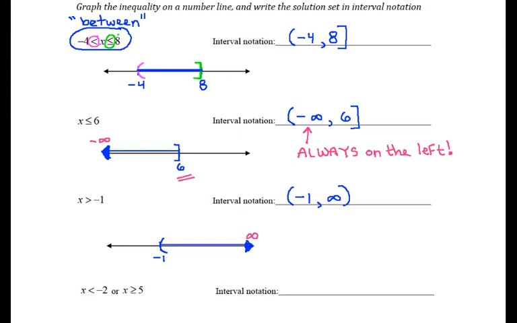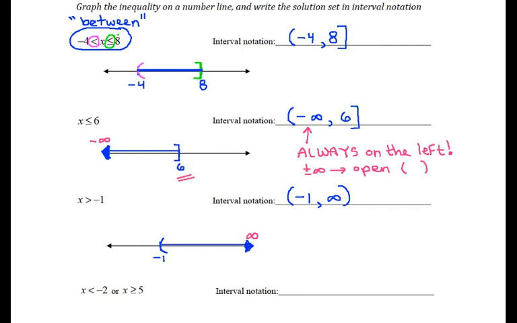Another thing that I should have mentioned on the previous one is that infinities also always have open brackets. Infinity is not a real number itself. It's a concept. It's an upper bound. We don't ever want to indicate that the number infinity is included in the set, which is what it would mean if we used a square bracket. So that never happens.